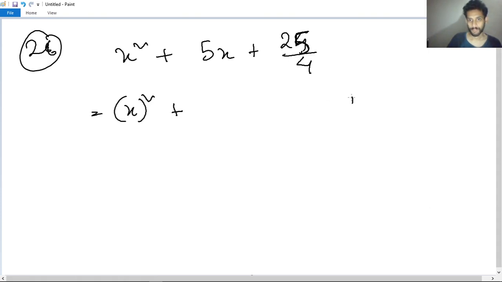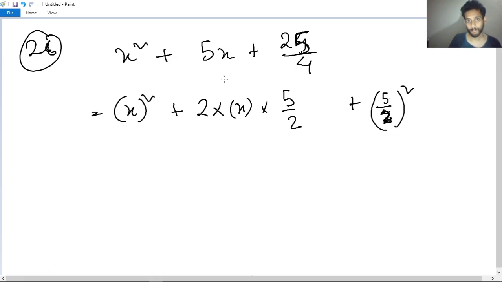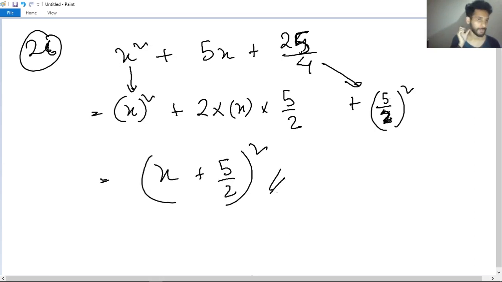So it is (5 by 2) whole square. 5 square is 25, 2 square is 4. So you got this part. Now x is a and b is 5 by 2. If you approach in the same way, it will be difficult to find how this 5x came. But now if you see it, you cancel the two part, the result will be 5x. So just break this part and this part, leave the middle part to do afterwards. Okay. So here it will be (x plus 5 by 2) whole square. So you got this part.